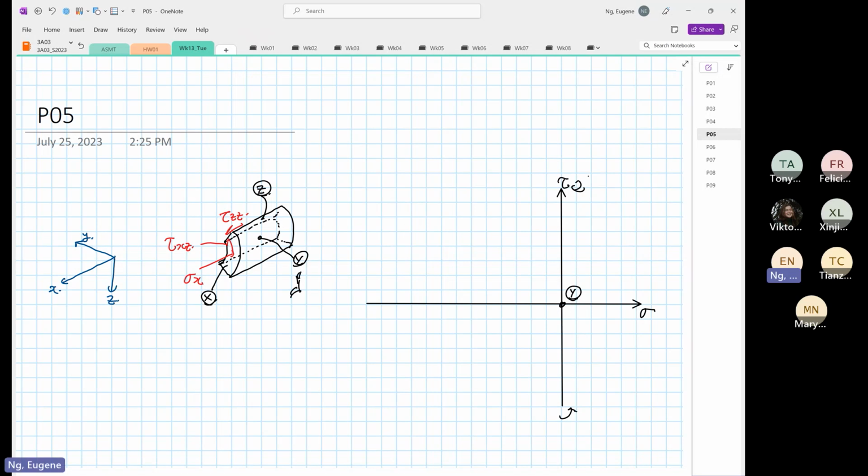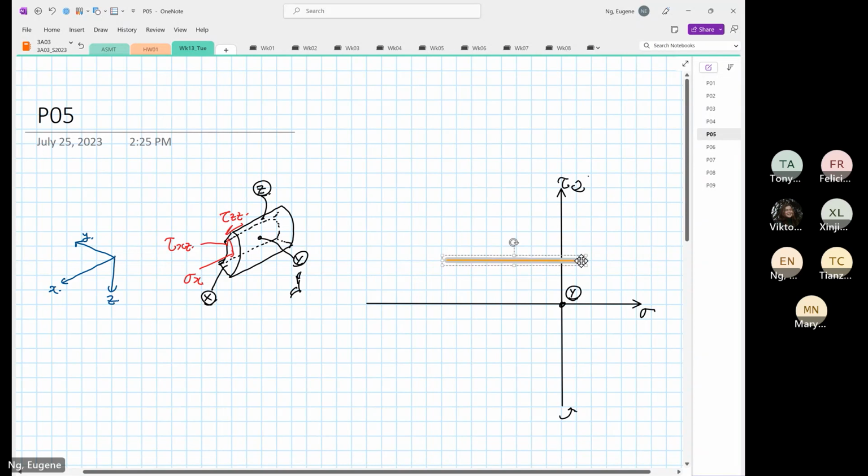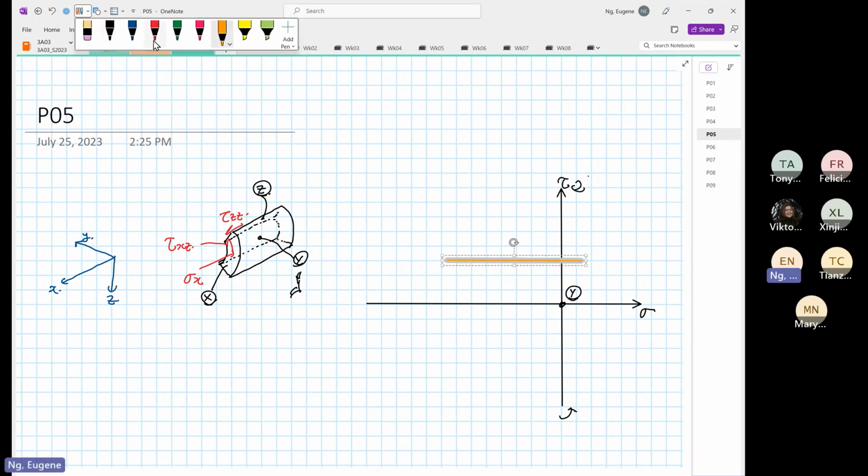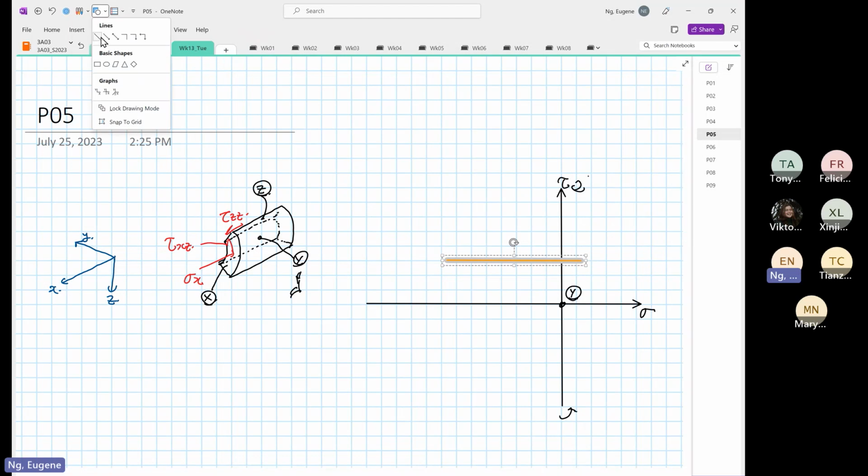So let me sketch our shear first. Okay, so this is our shear value.